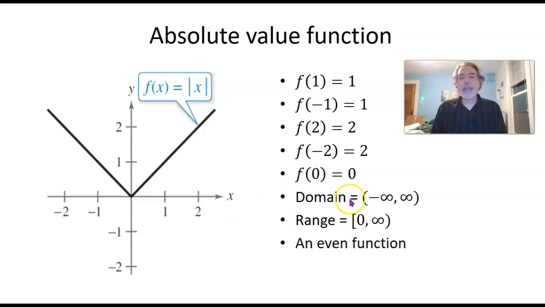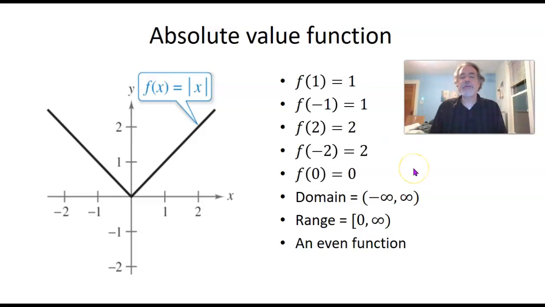The domain of the absolute value function is all real numbers. You can take the absolute value of any number, but the range is from 0 to infinity. The absolute value can only come out to a number that's greater than or equal to 0. So absolute value can never be negative. It can only be positive or, at lowest, 0.